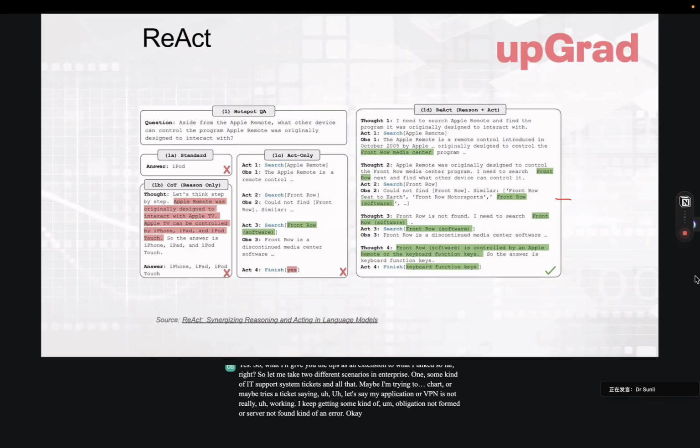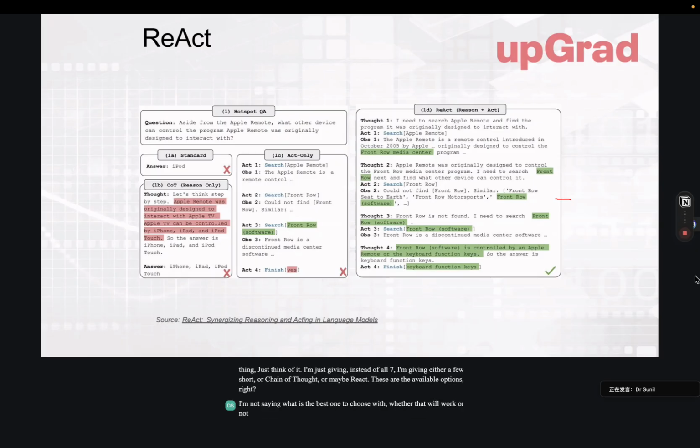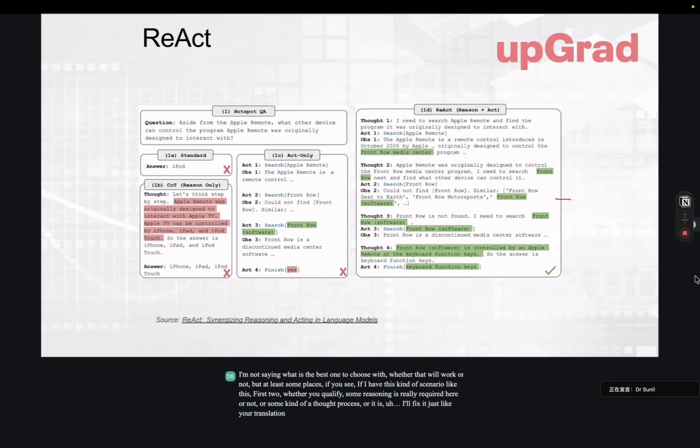Okay. So when you have this kind of a thing, just think of it. Instead of all seven patterns, I'm giving either few shot, chain of thought, or maybe ReAct. These are the available options, right? I'm not saying what is the best one to choose or whether it will work or not, but at least in some places, if you have a scenario like this, first you qualify whether some reasoning or some kind of thought process is really required here, or it is fixed, just like your translation of English to French.